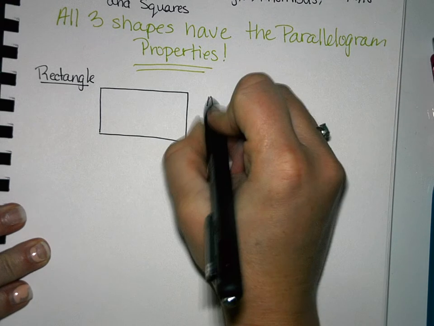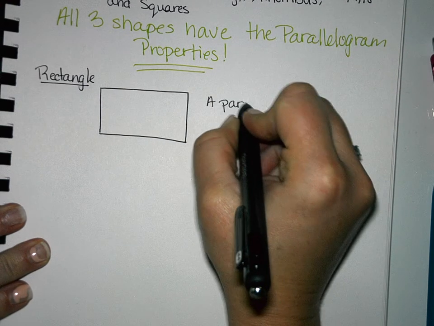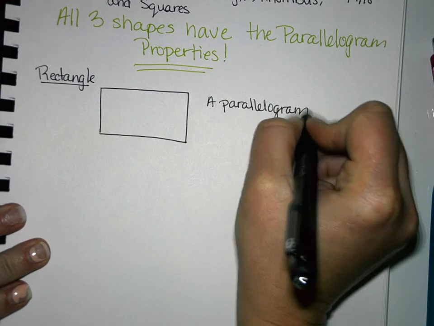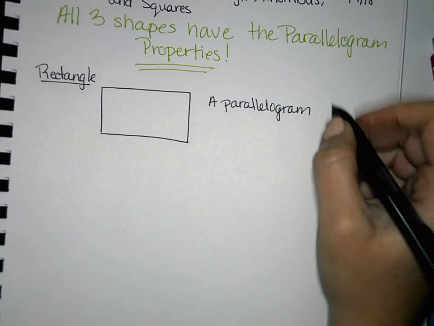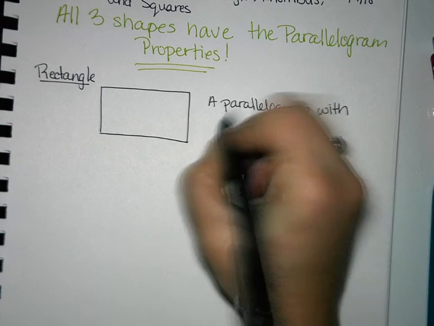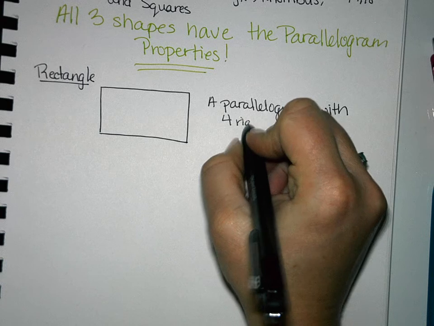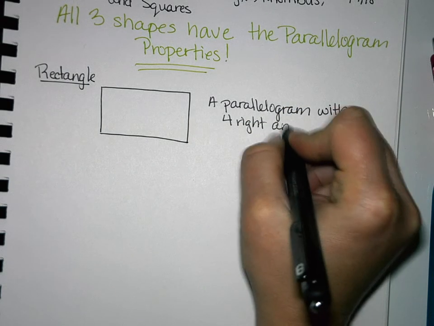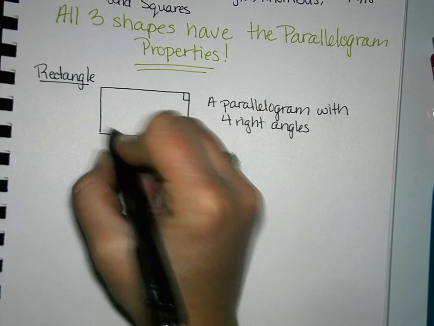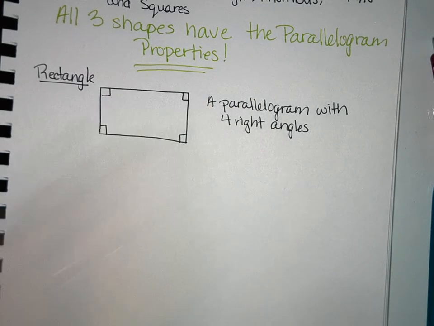So it is a parallelogram, but it has something special about it. It's a parallelogram with four right angles. So whenever you have four right angles, you have a rectangle.